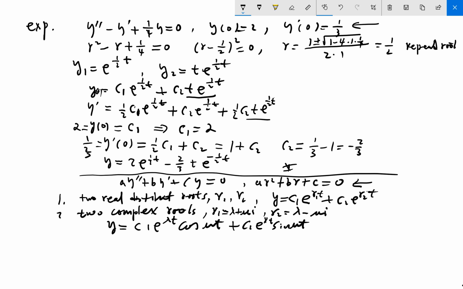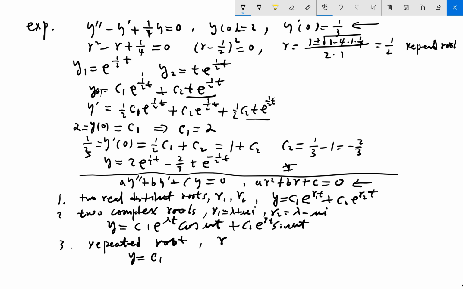The third one, you have a repeated root, say r. Then your general solution will be C1 e to the rt plus C2 t e to the rt.